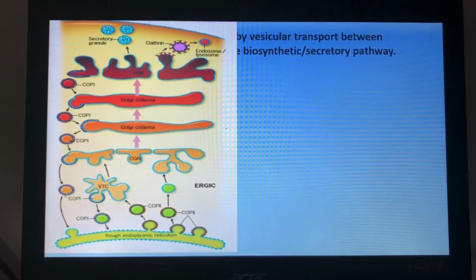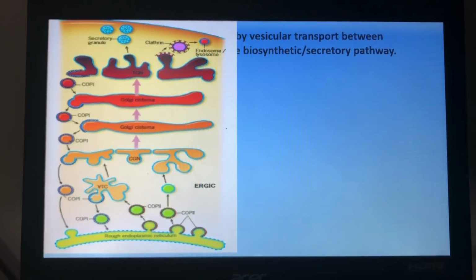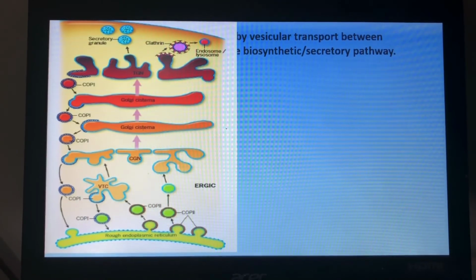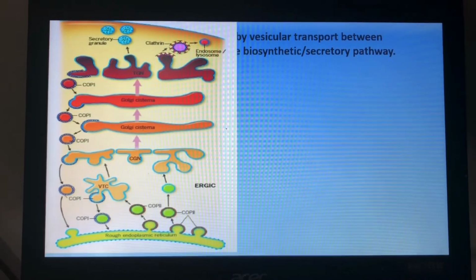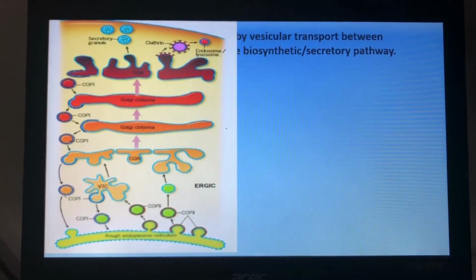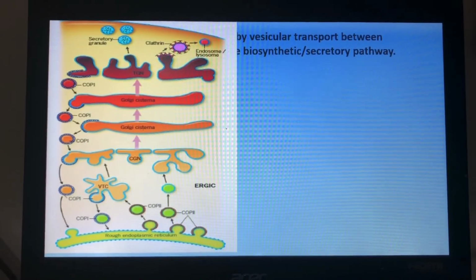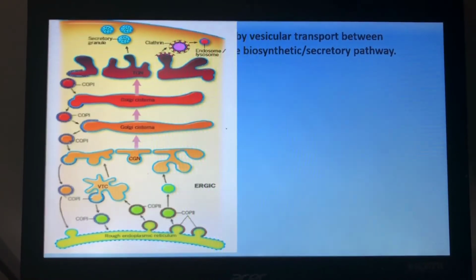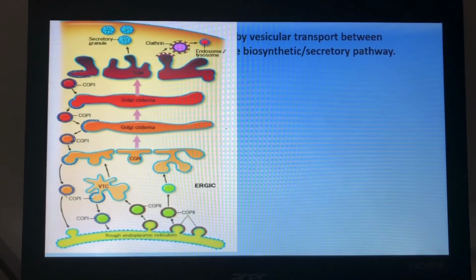COPI coated vesicles return proteins from the ER-Golgi intermediate compartment and Golgi complex to the ER. COPI coated vesicles also transport Golgi enzymes between cisternae in a retrograde direction.